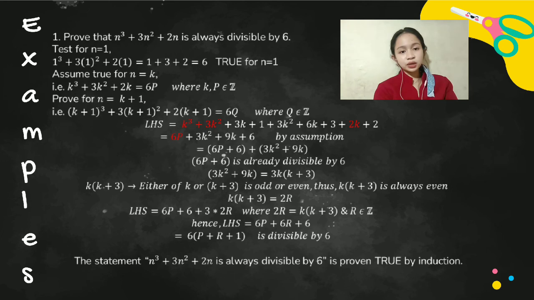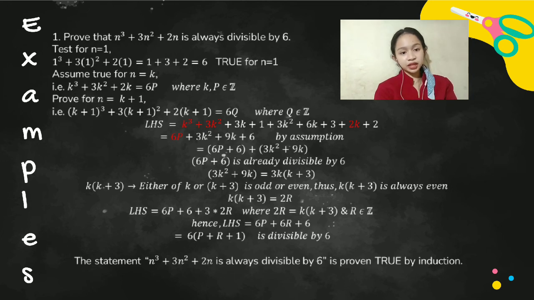Prove for n equals k plus 1, such as the quantity of k plus 1 raised to 3 plus 3 times the quantity of k plus 1 squared plus 2 times the quantity of k plus 1 is equal to 6q, where q is an element of Z. So LHS equals k raised to 3 plus 3k squared plus 3k plus 1 plus 3k squared plus 6k plus 3 plus 2k plus 2.